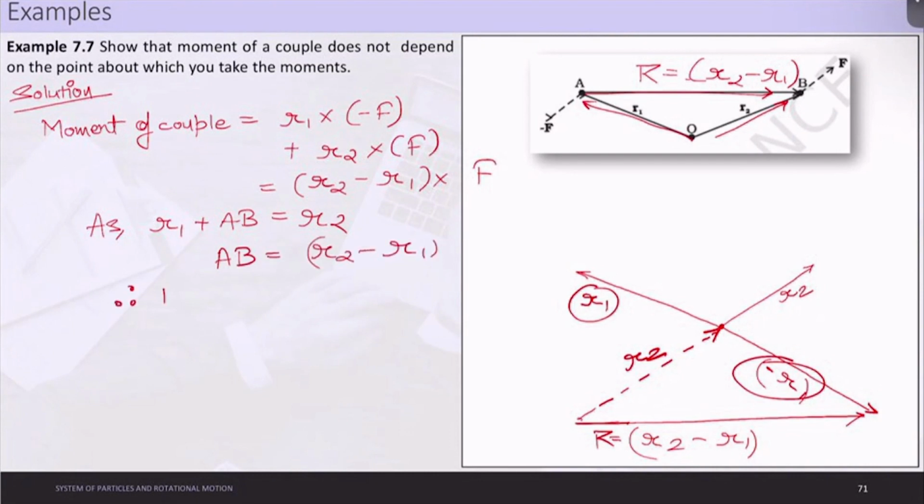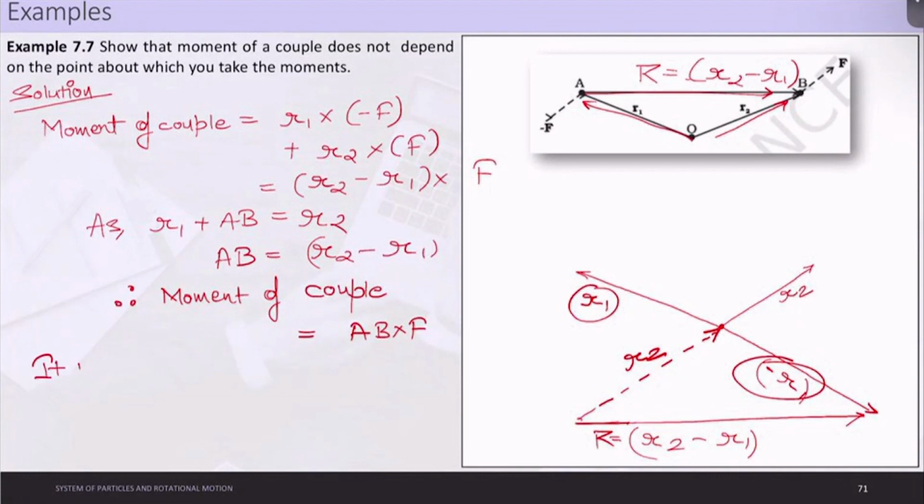Therefore, we can write that moment of couple is nothing but equal to AB cross F. So it never depends upon the position from where we take the moment. It is always equal to the value of the distance between them cross F. Okay, so it is independent of the origin.